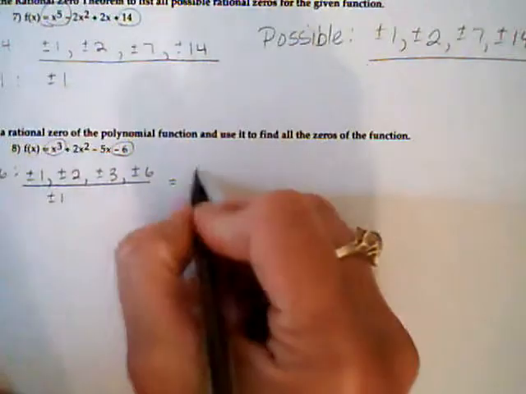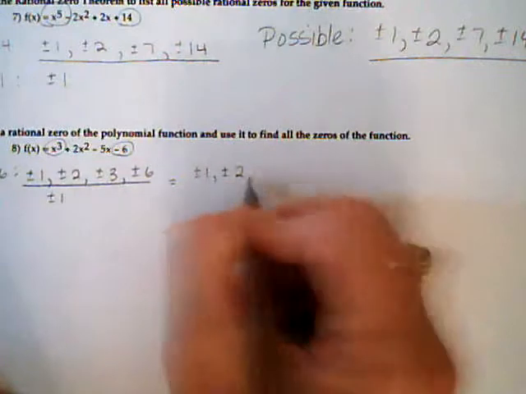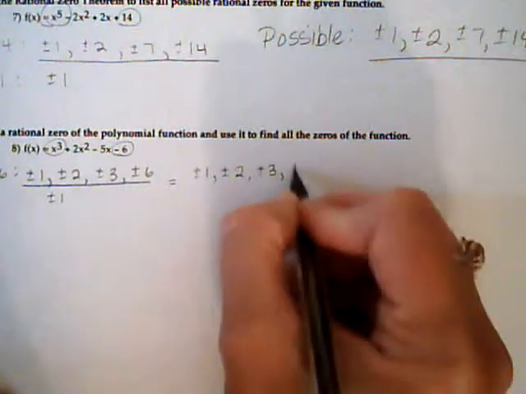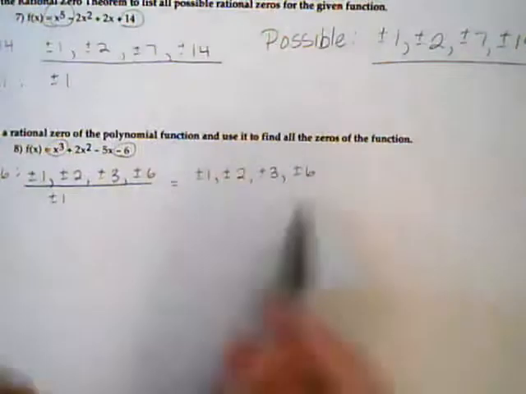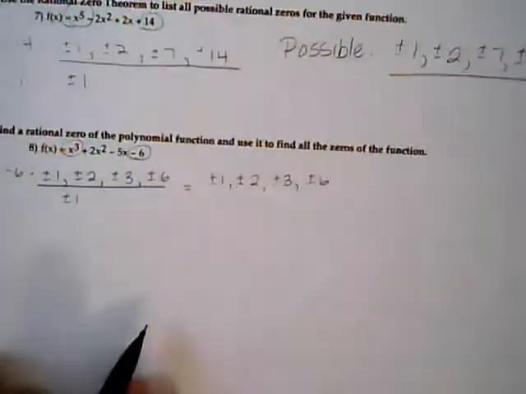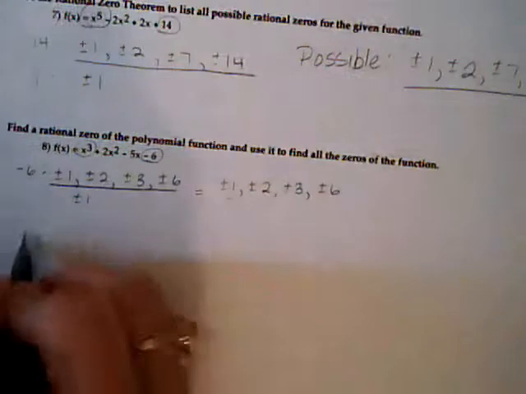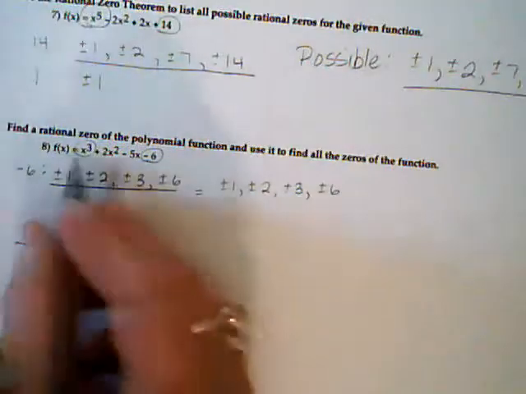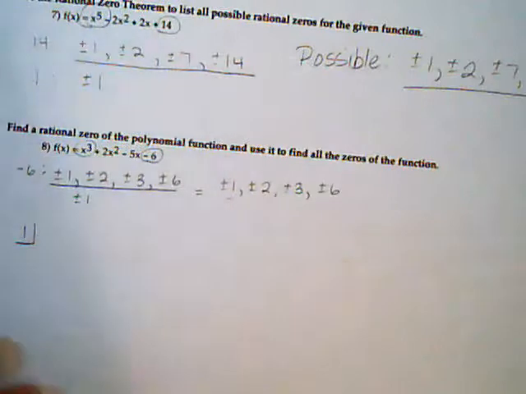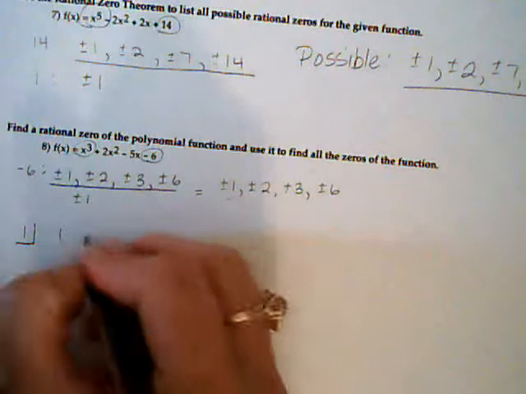My possible roots would be plus or minus 1, plus or minus 2, plus or minus 3, plus or minus 6. I'm just going to start testing them by synthetic division, starting with 1. If I use positive 1, I'm going to see if I get a remainder of 0. So I could do synthetic division.